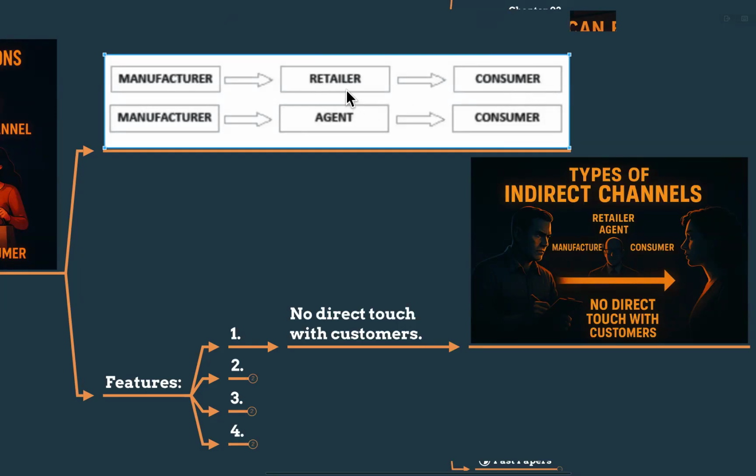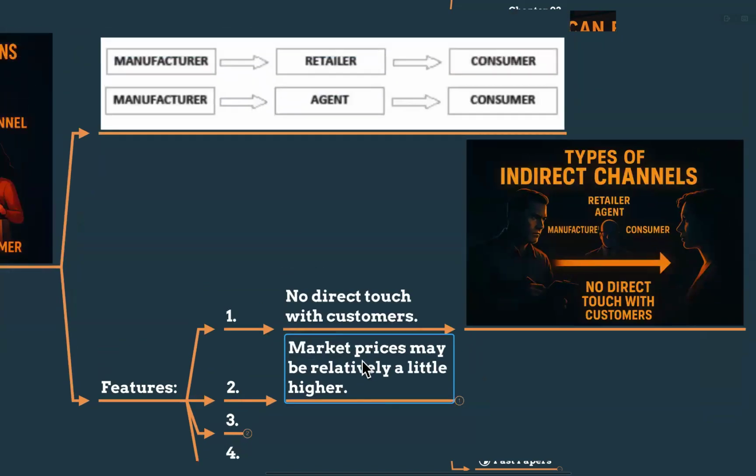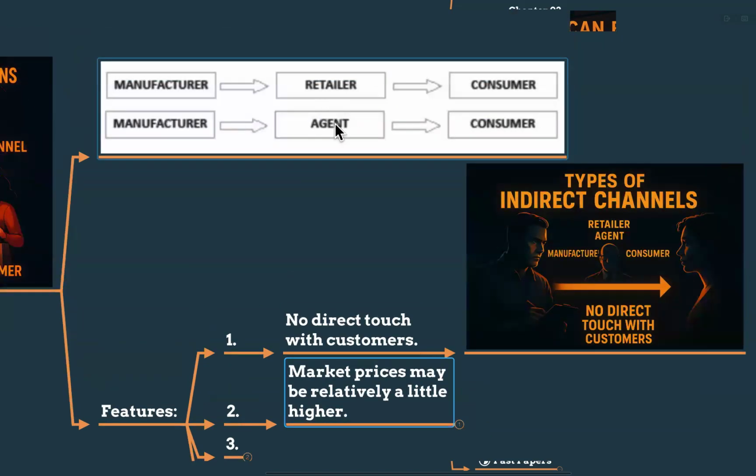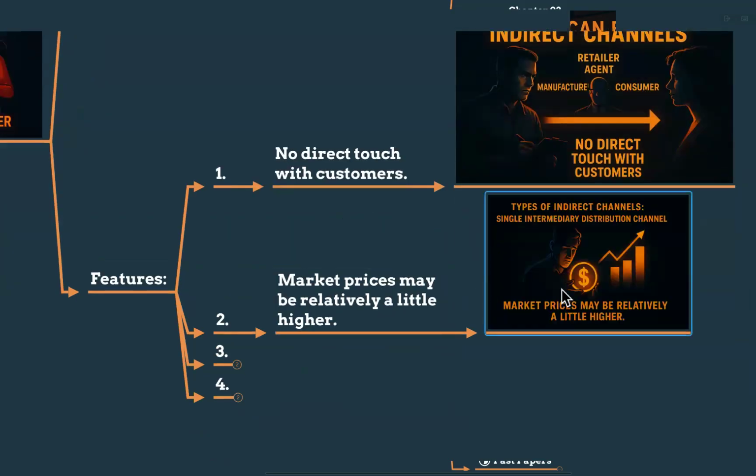So whatever the retailer tells about the product or services that he knows from the customers, that's the feedback. So we can say the feedback comes from the retailer or the agent, whoever, right? And market prices may be relatively a little higher, a little.